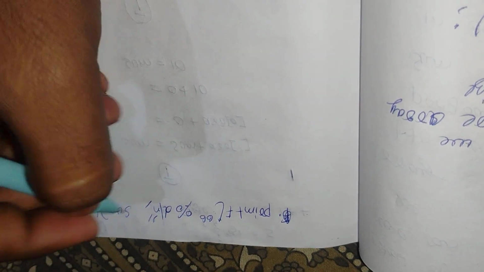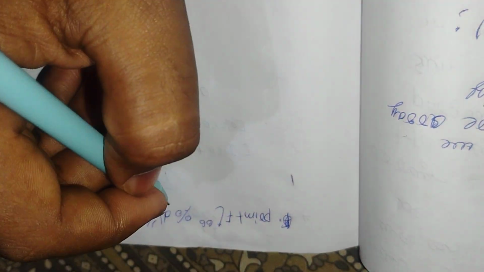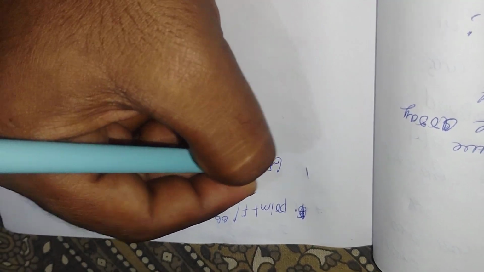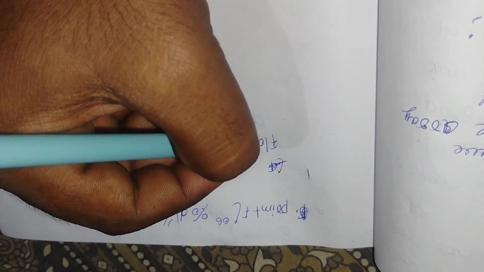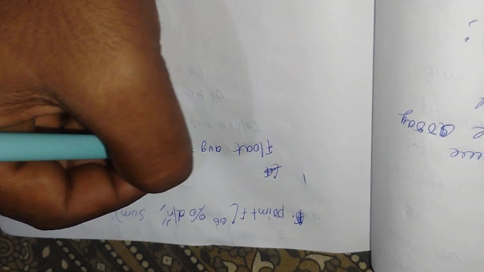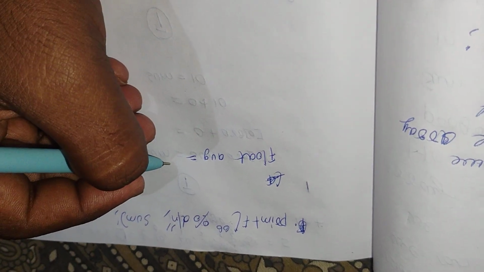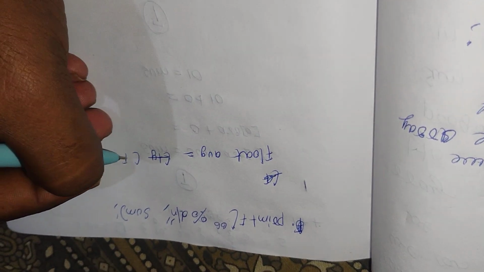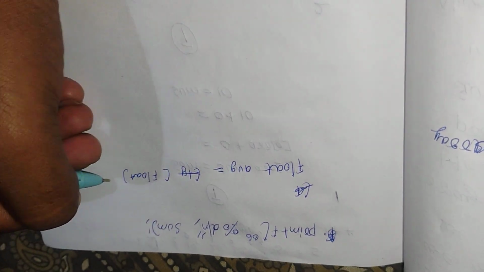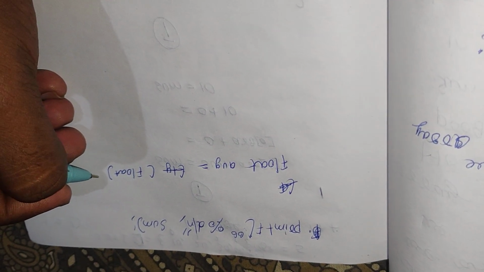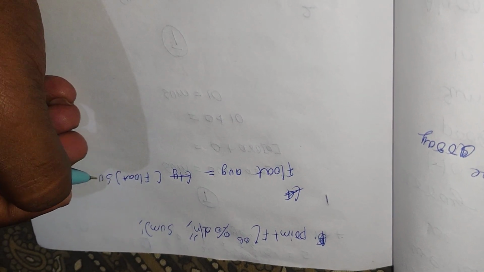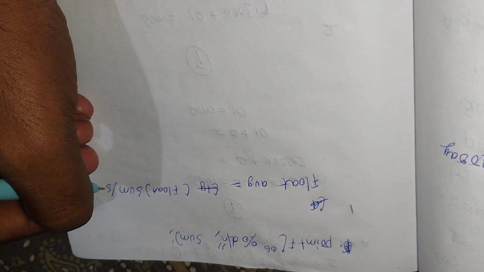So finally we are able to print the values. For average, very easy. Float average is equal to, I'm going to typecast float, sum divided by size.